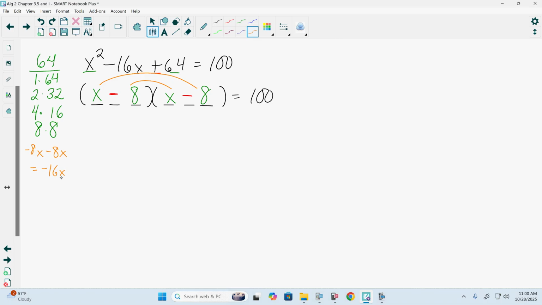So if I have two things being multiplied together that are the same thing, we can rewrite x minus 8 times x minus 8 as what? x minus 8 squared. Because when we square something, we're saying that it's being multiplied by itself.